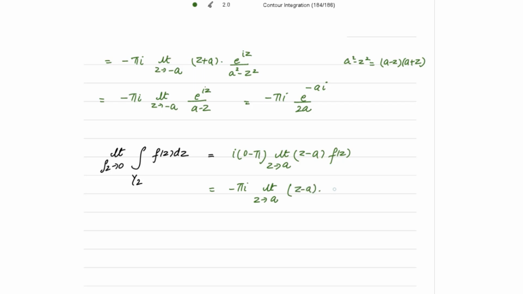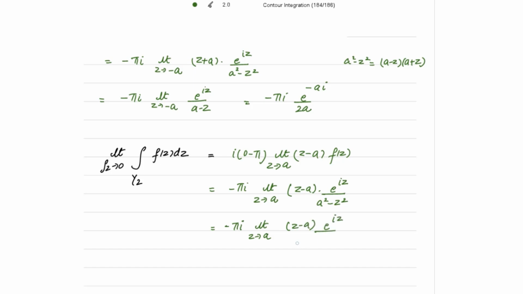So this is minus pi iota, limit z tends to a, (z minus a), so f(z) is e to the power iota z over a square minus z square. Now because here in the formula I have a minus z, I need z minus a. So just take the negative outside: minus pi iota, limit z tends to a, (z minus a) e to the power iota z.